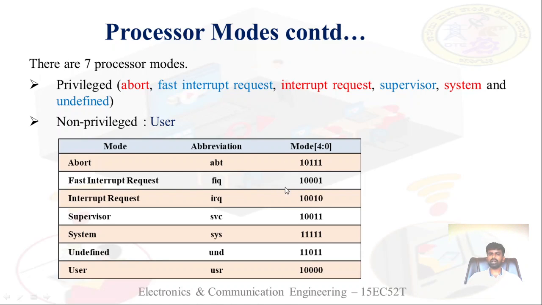For example, if the mode bits are 10001, then the processor operates in the fast interrupt request mode. If it is 10011, the processor operates in the supervisor mode. This is the abbreviation to represent the registers in the particular modes. So this is about processor modes.